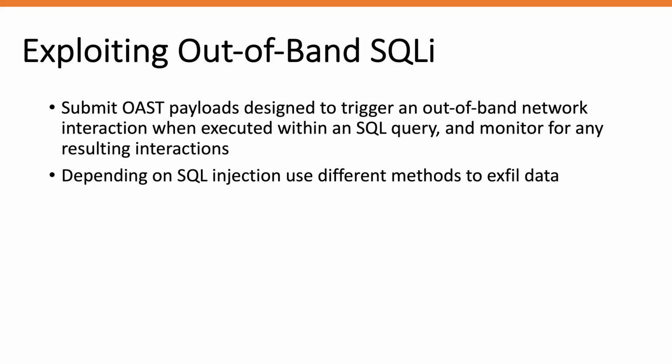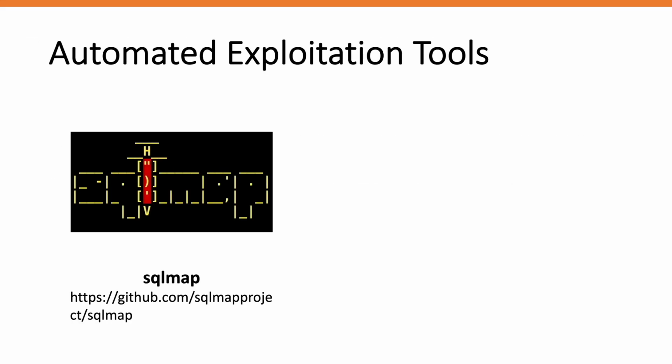SQL injection. Okay, I didn't want to end this section without talking about automated exploitation tools. One of the famous ones, and it's open source, is SQLmap. It's a tool that is used to find SQL injection vulnerabilities. It's very, very powerful, and it's very customizable in the sense that you select what parameters you could inject.